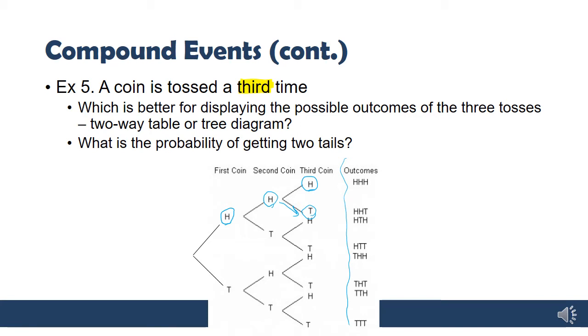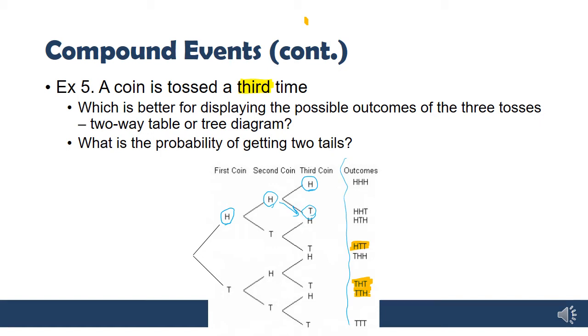Here it says, what is the probability of getting 2 tails? And I'm going to assume that this means exactly 2 and not 3. Okay, so let's highlight all the ones where we have 2 tails. We have 2 tails here, 2 tails here, and 2 tails here. And again, I'm going to leave out this last one because it has 3 tails and I want exactly 2.